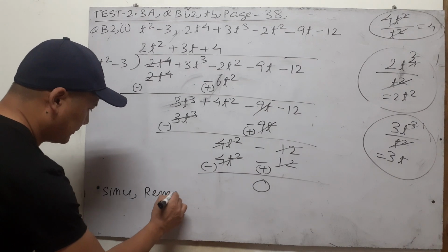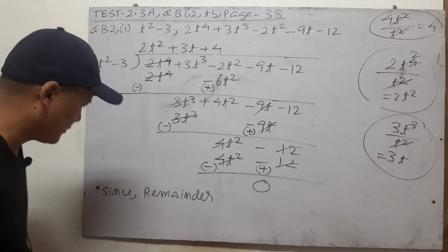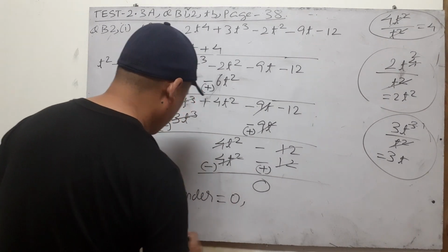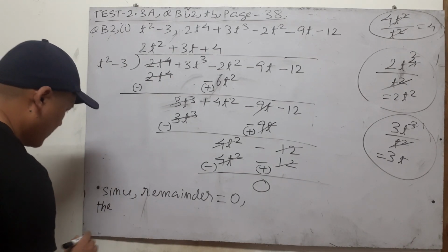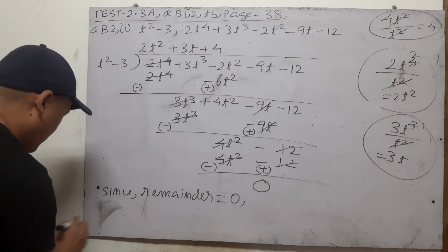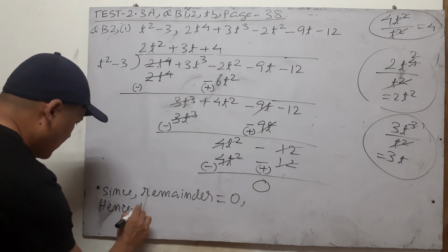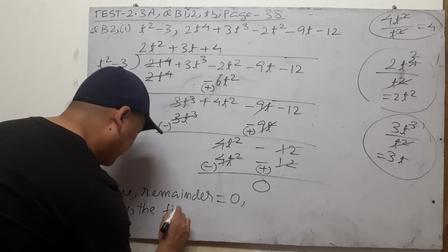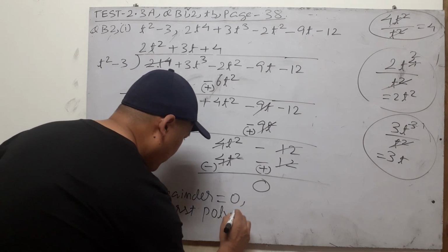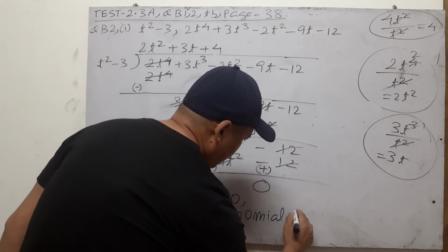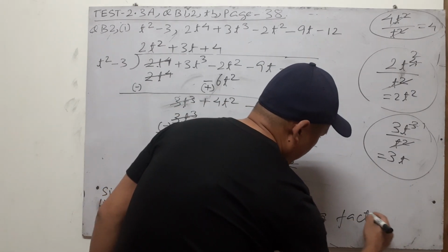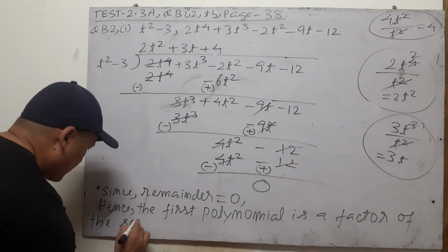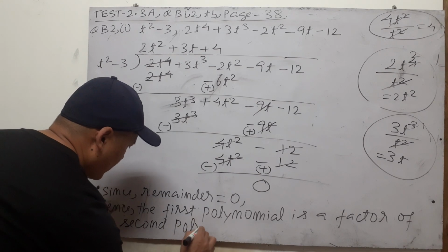So we write here, since the remainder is equal to 0, hence the first polynomial is a factor of the second polynomial.